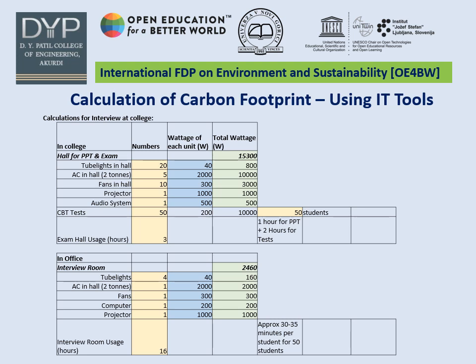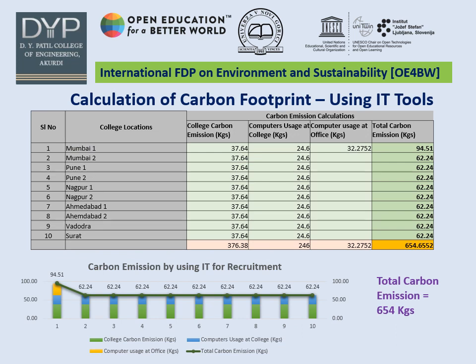Also, there is no room for hotel stay. As I have mentioned before, and it is also clear in this slide, there are no travel plans as well as no hotel stay. The total carbon emission calculation comes out to be 654 kilograms.